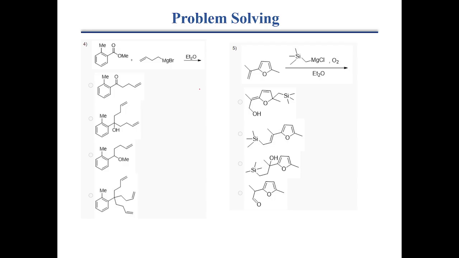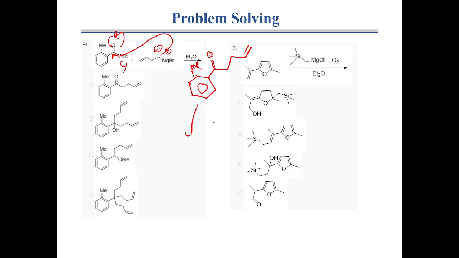Next is the methyl, this double bond magnesium bromide, with the ester. So this is the negative, this positive. So the one negative will react with the carbonyl of the ester. This will go and OMe will leave. This gives this one.